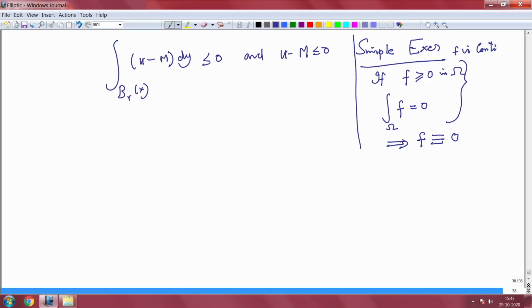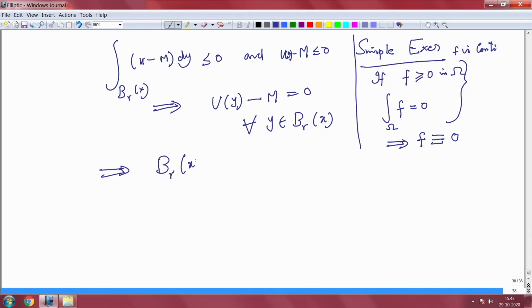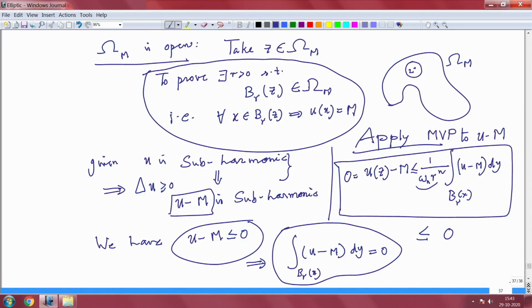So that implies u(y) minus m equals 0 for all y in B_R(x). So that implies B_R(x) is contained in omega m. That is what we want to prove, this B_R(z). So you apply it for this z.